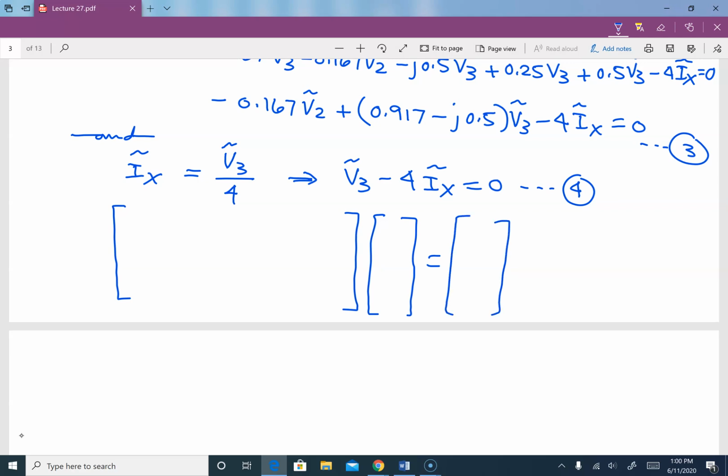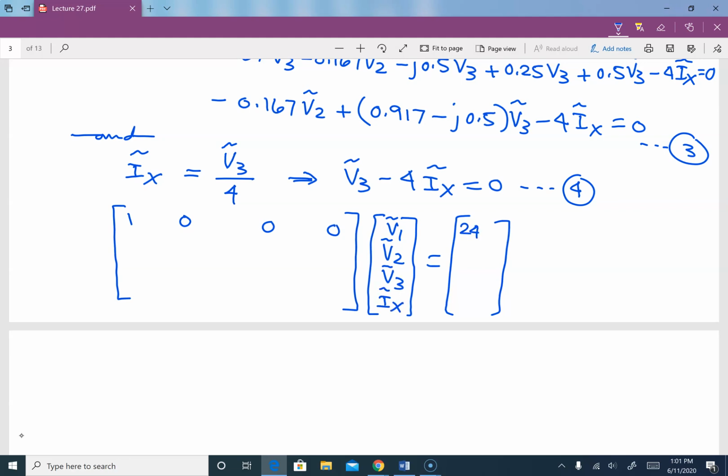So we will have 1 for V1, 0 for V2, 0 for V3, and 0 for ix.